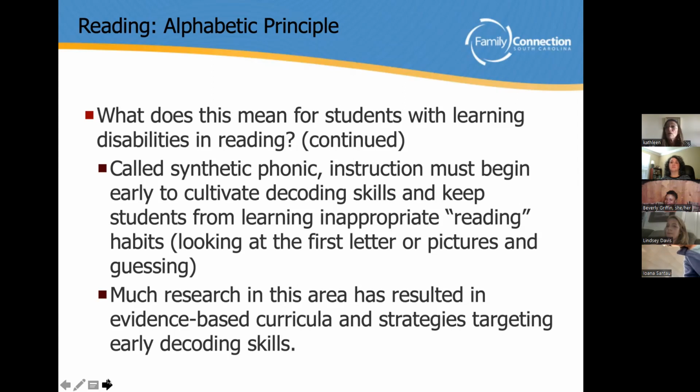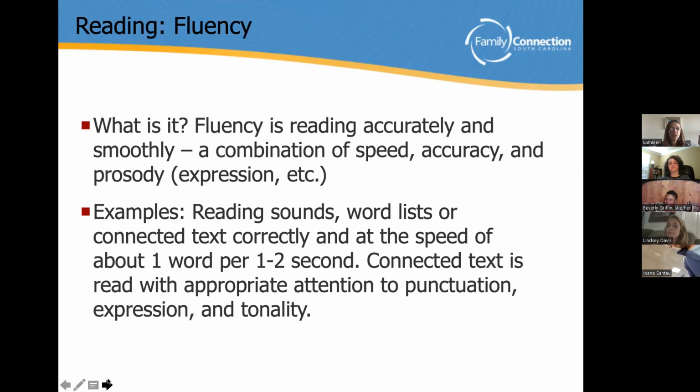This is the key though, folks. These first 2 areas of instruction. All right, and then I'm going to try and move a little quicker so I can get through all this. Fluency is reading accurately and smoothly, a combination of speed, accuracy, and expression. This is your target: 1 word per 1 or 2 seconds.